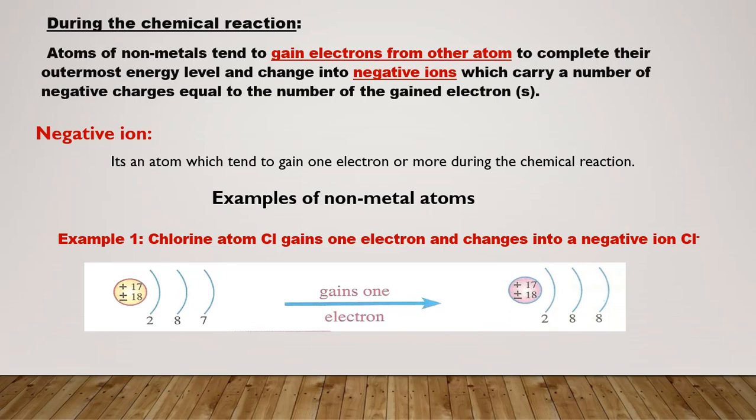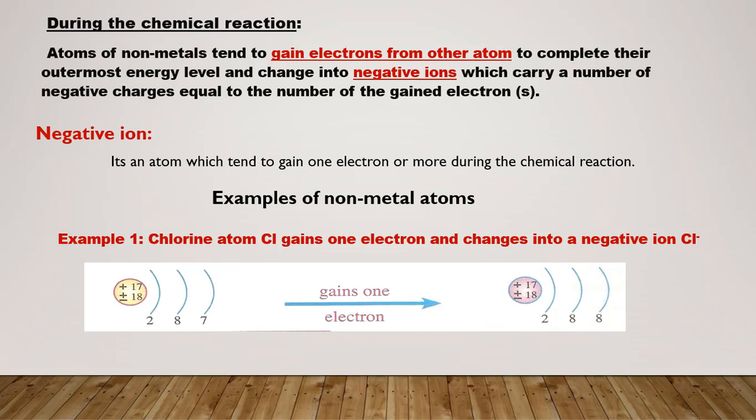And by getting electrons or gaining electrons, we have here electrons more than protons. The negative charge is more than the positive charge. So they change into negative ions. And the negative ions carry a number of negative charges equal to the number of the gained electrons.